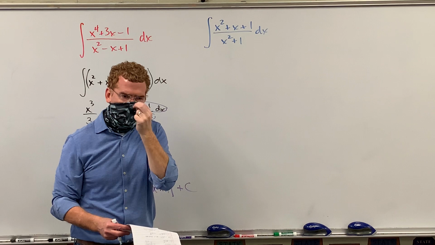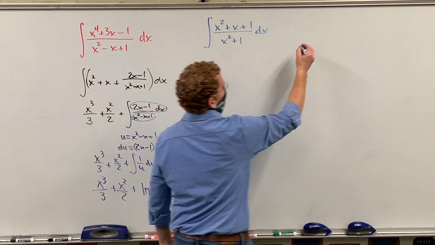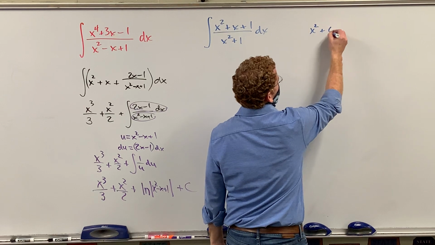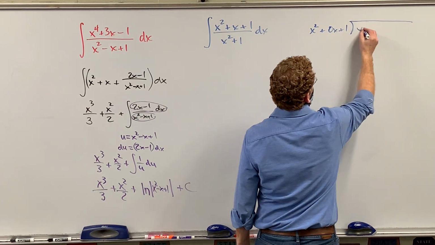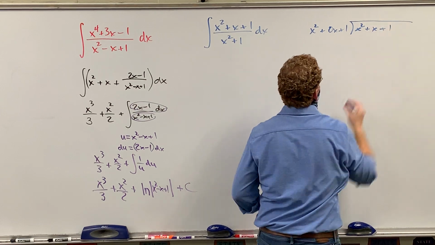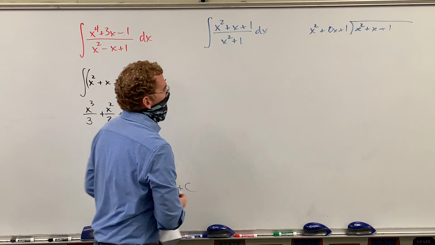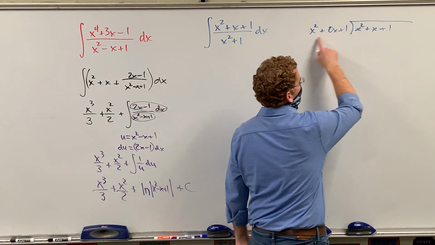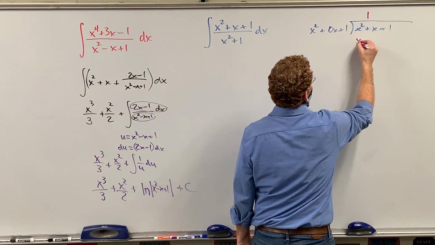So you remember long division when the powers are the same or bigger on the top. So this one, x squared plus 0x plus 1 into x squared plus x plus 1. And this is not going to take but a step. x squared times what gives me that? 1. 1 times this gives me x squared.